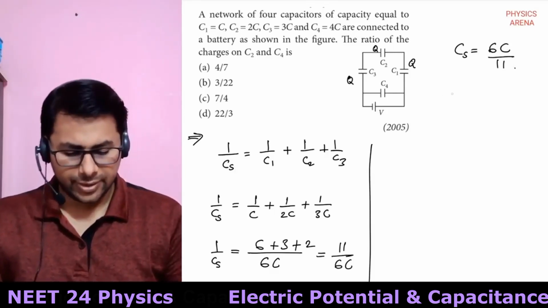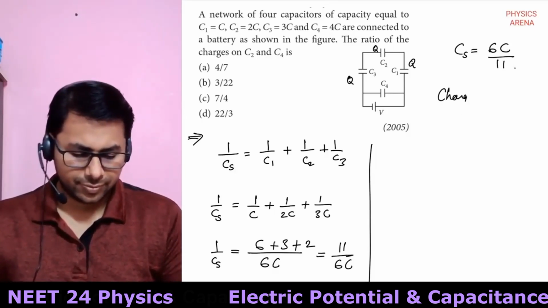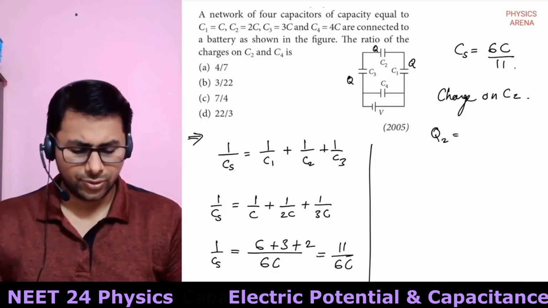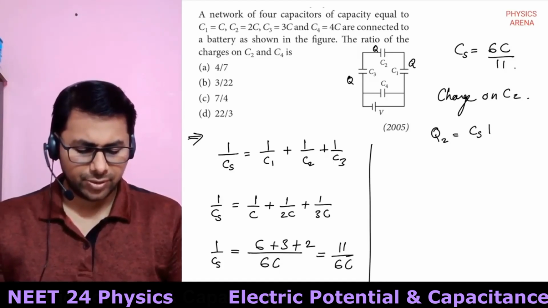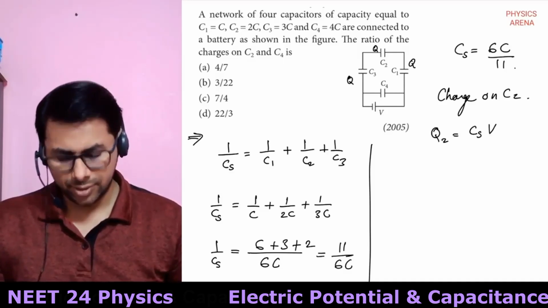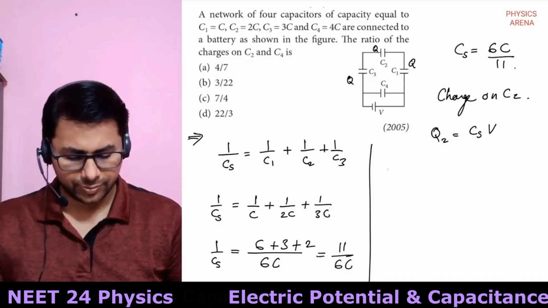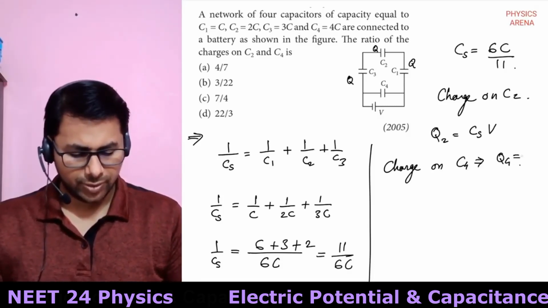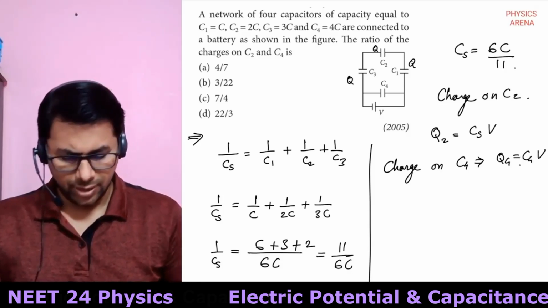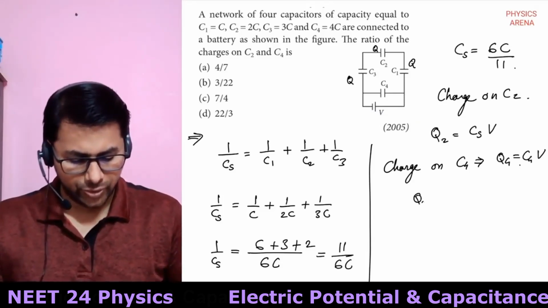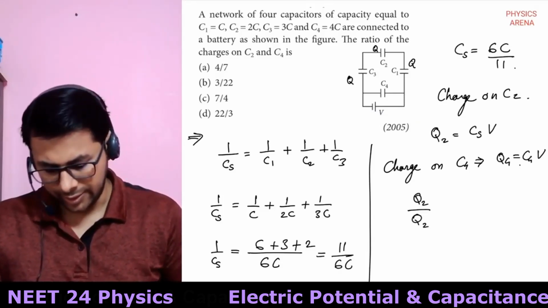Okay. And charge on C2, let's call it Q2. Q2 will be equal to what? CS times V. Okay. And charge on C4, let's call it Q4, it will be C4 times the same potential difference. Okay. So you have Q2 by Q4. You want that, right?